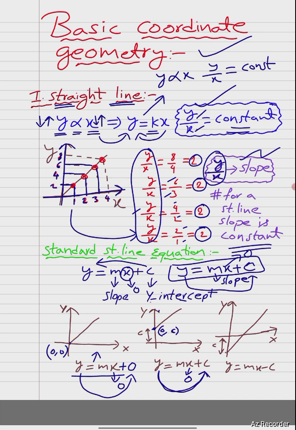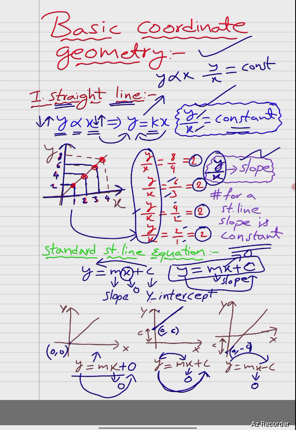So the graph starts here, and since there is a linear relation between y and x, the graph will be a straight line. Okay. Now the next graph is y equal to mx minus c. Here again, if you put x value to 0, y is minus c this time. So this point over here has coordinates 0 comma minus c.